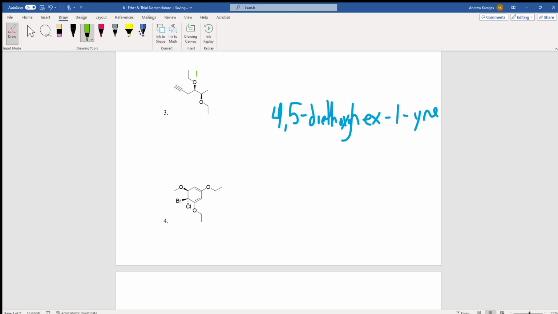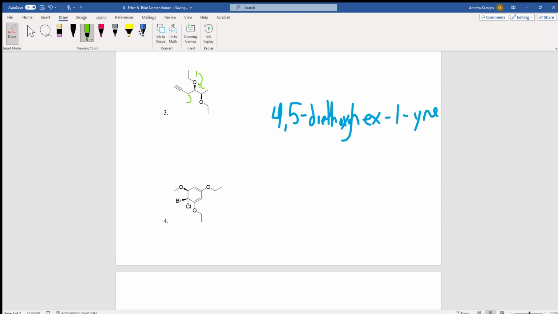The carbon to the right has an oxygen on it, whereas the carbon to the left only has other carbons. So it's going to be 2 here, 3 here. Our lowest priority group, the hydrogen, is already pointing back. So we have R.